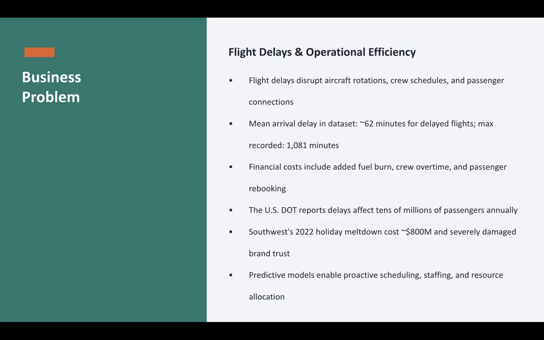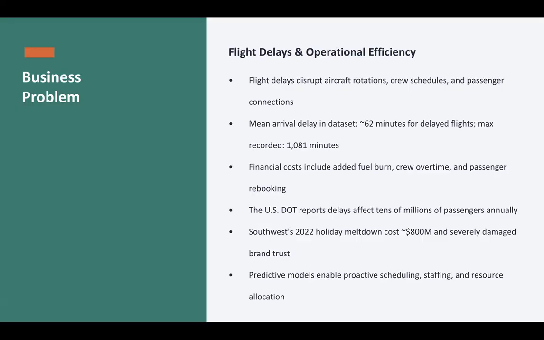The US DOT reports that delays affect tens of millions of passengers every year, and the financial toll includes extra fuel burn, crew overtime, and passenger rebooking expenses. Most notably, Southwest's 2022 holiday meltdown cost the company approximately $800 million and caused severe damage in customer trust. This is exactly the kind of event predictive modeling is designed to help prevent.